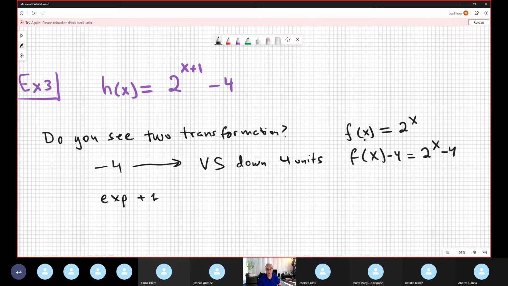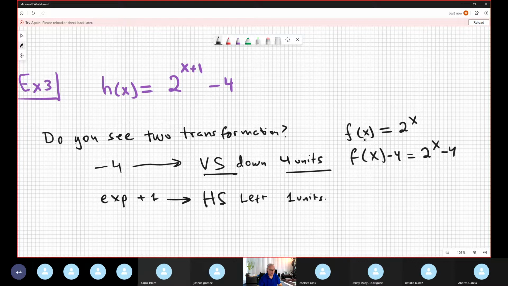This is a vertical shift 4 units down. And the exponent plus 1 is a horizontal shift, yes or no? Yes. And horizontal, we have only 2 directions, right or left? And what direction do you believe? Left. Left, because of positive. Left 1 unit. Okay, cool.